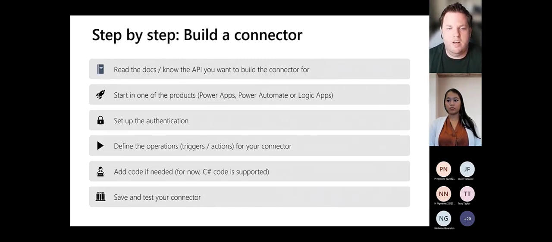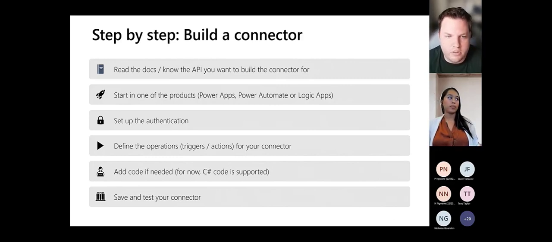When you are building a connector, you should really know the docs about the API. You should know how it works, because that will save you a lot of time later on. So whenever you start building a connector, look at which connector you want to build, which API there is. Look at the docs and see if there are some things that you should really know about that API.